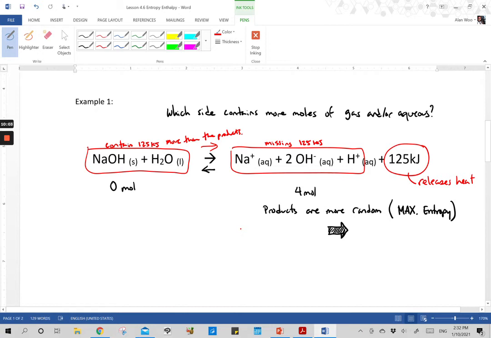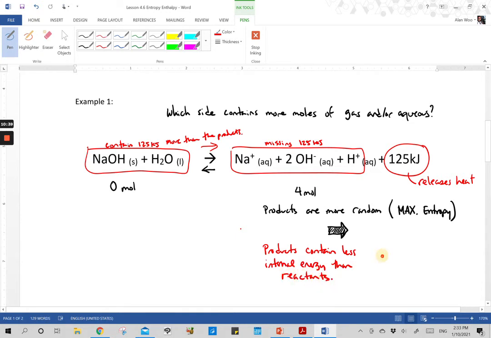So because the products have less internal energy, they have minimum enthalpy. So products contain less internal energy than reactants.